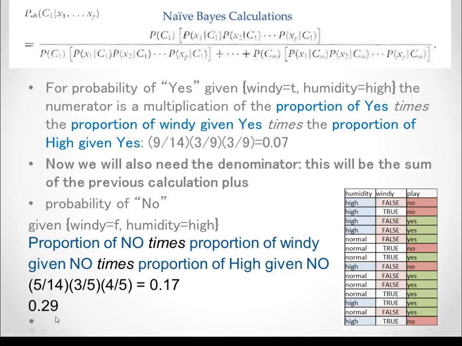You're going to say no, right? So we calculated the probability. Then we should also calculate the probability of no, which would be the other 71%, right? So therefore we would predict that they don't play, not that it's yes.